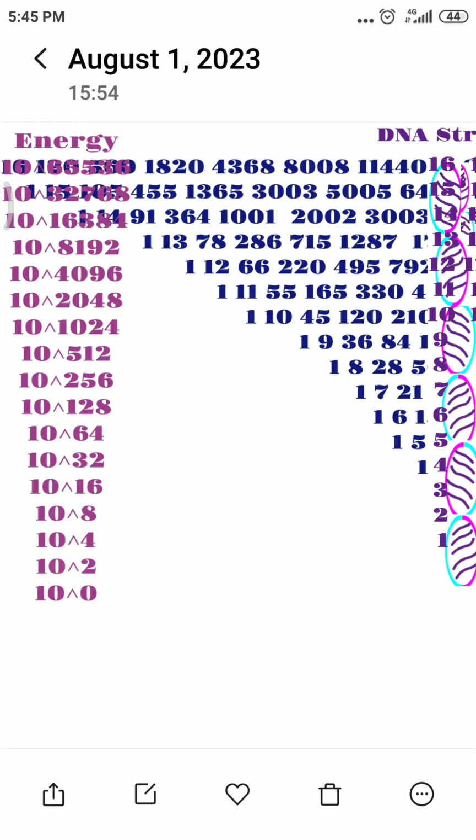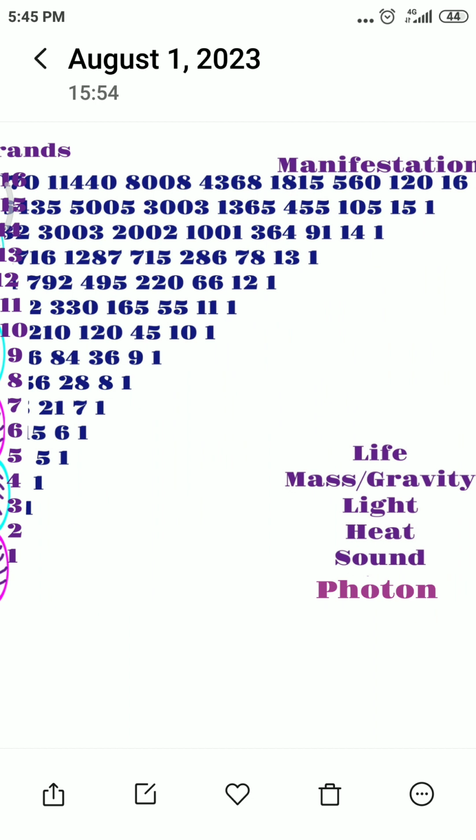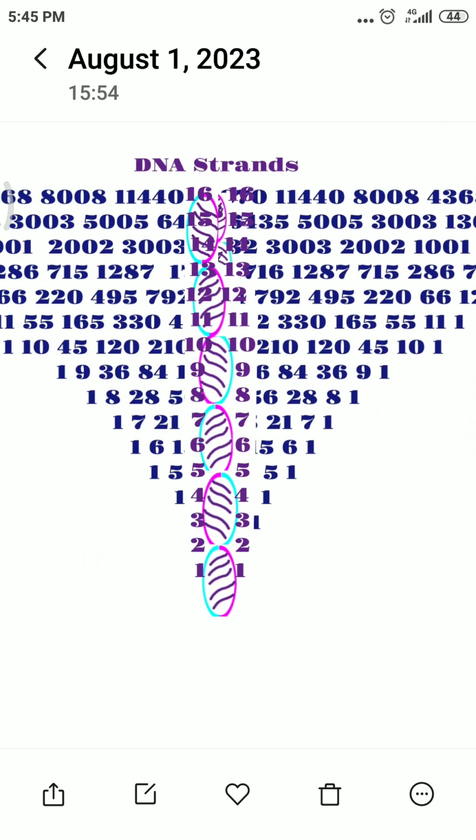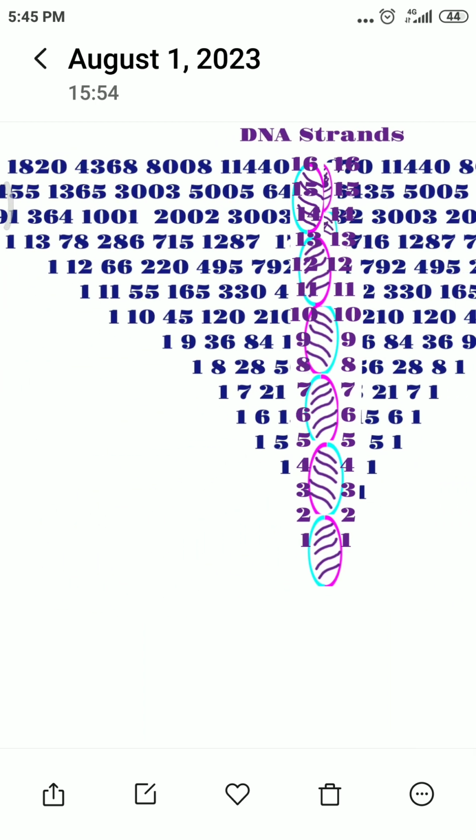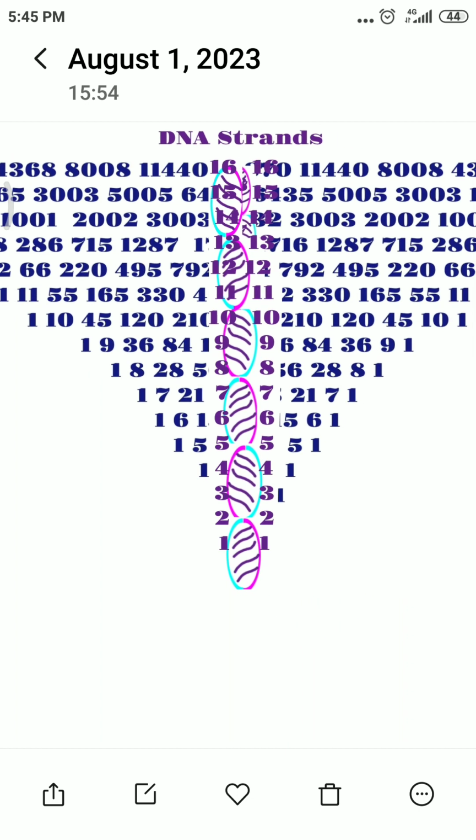So this energy is used to create these DNA strands. And how these DNA strands are created, I already explained some time back.